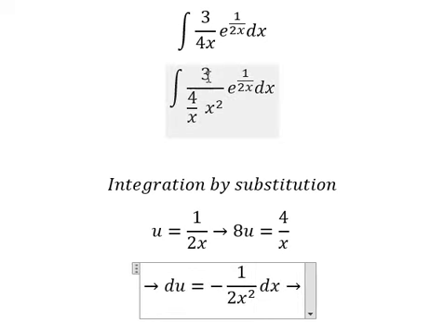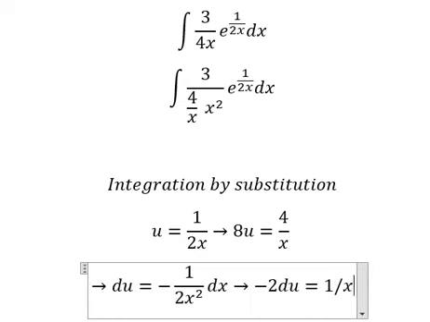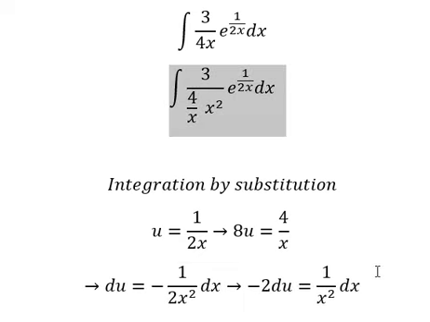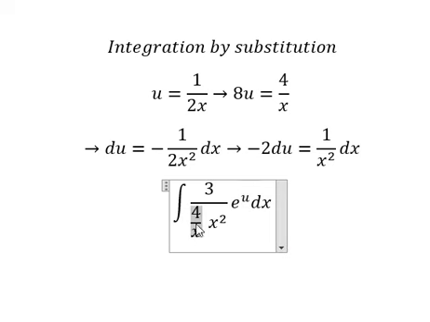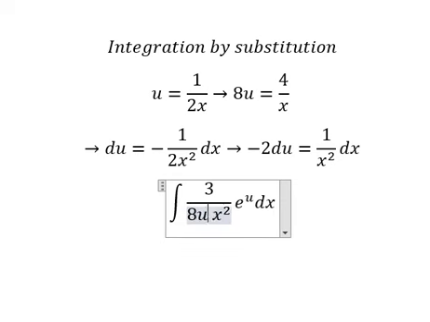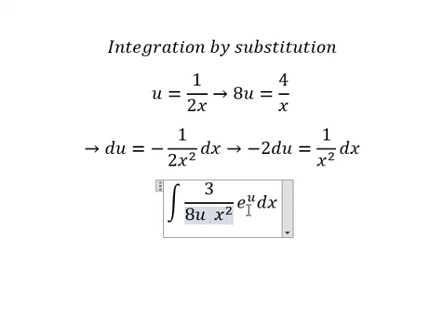So because we don't have -1 over 2, so I will put this one go to the left. So this one we change for u. 4 over x, that is about 8u. 1 over x squared dx, we change for negative number 2 du.